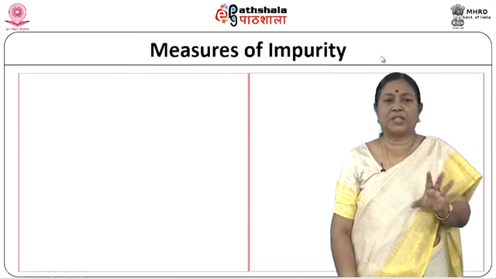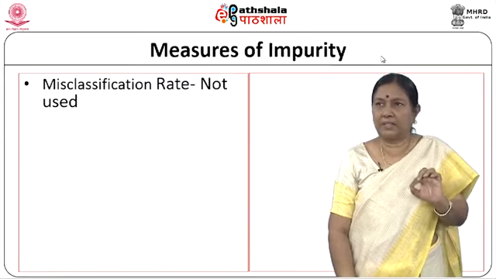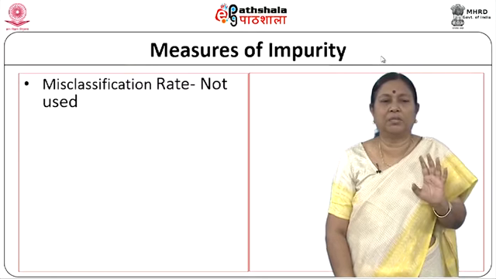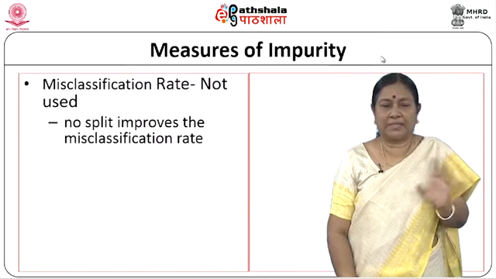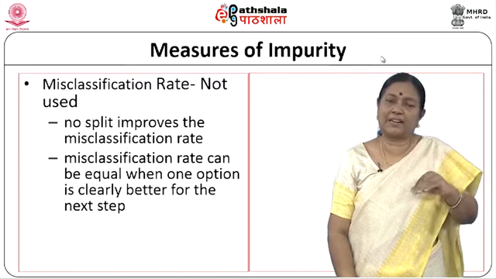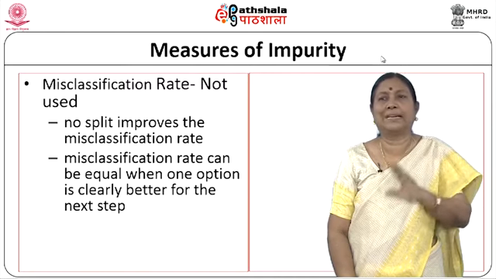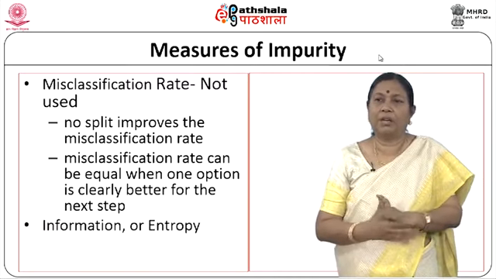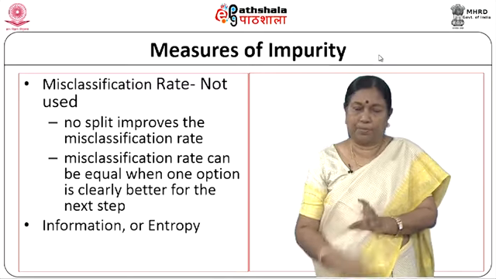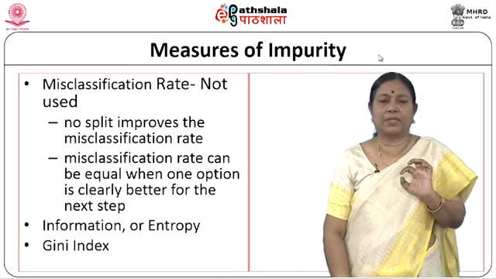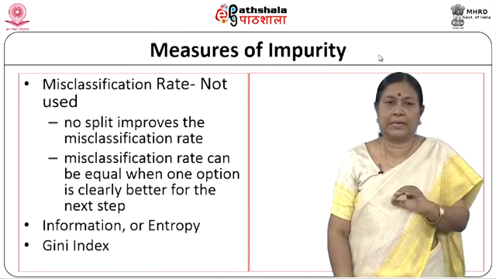There are different measures of impurity. Misclassification rate is not normally used, because no split improves the misclassification rate. It can be equal when one option is clearly better than the other. Or you use information or entropy, which is basically the basis of what we use, and then we discuss the Gini index.